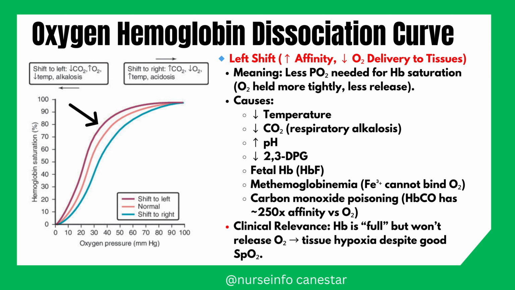Many factors that create left shifts, decreased temperature, alkalosis, decreased CO2, decreased DPG, are the opposite of those creating right shifts. Additionally, methemoglobinemia, MetHb, a state where the iron moiety in hemoglobin is oxidized to the 3+ state and unable to accept oxygen like the typical 2+ oxidation state, creates a leftward shift.